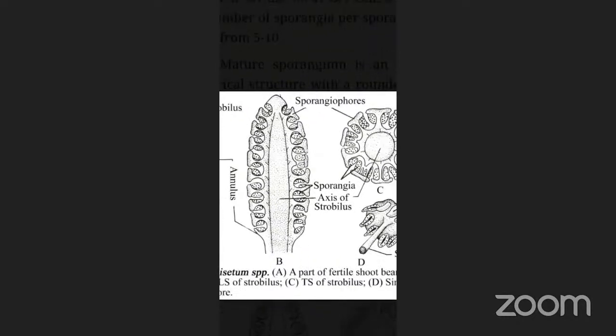So they are cylindrical and shark-like structures. Each sporangium consists of a two-layered wall, within which spores are present. So here the eusporangiate condition is seen. After meiosis, the sporogenous mother cells undergo meiosis to produce haploid spores.